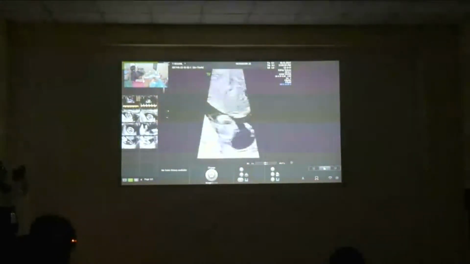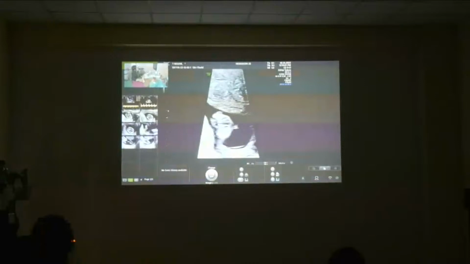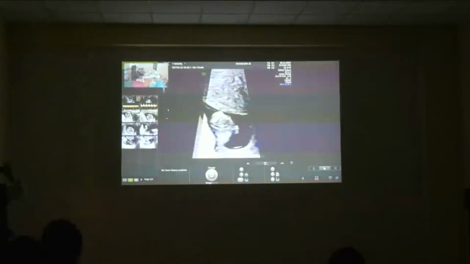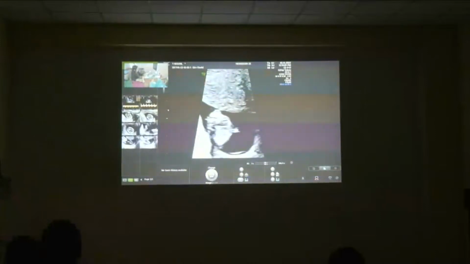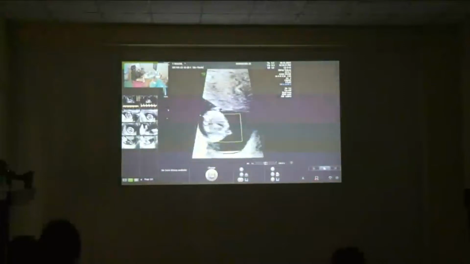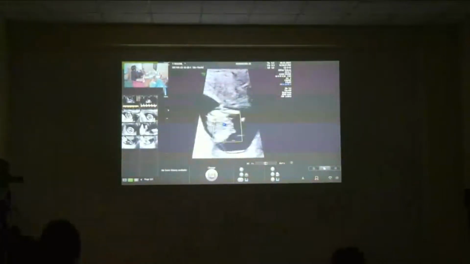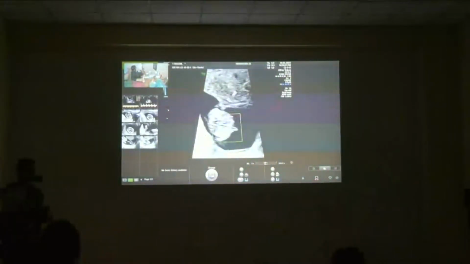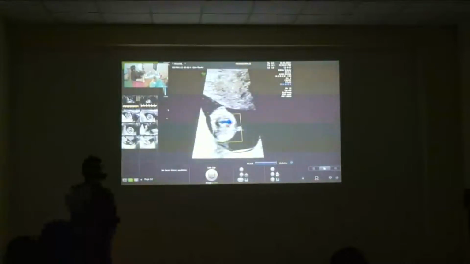Coming to the fetal heart, we have to document the two inflows and the outflows. The color is not picking up. Yeah.